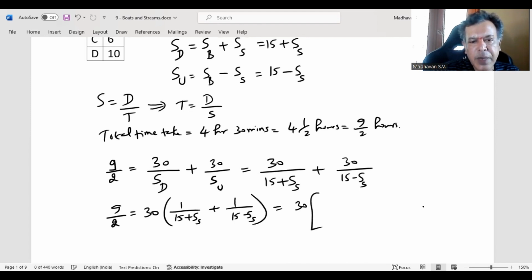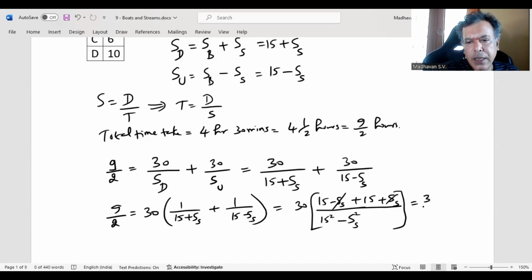In the denominator, this is like A plus B into A minus B, which becomes A square minus B square. The numerator is 15 minus SS plus 15 plus SS, where minus and plus get cancelled. We get 30 into 30 divided by 15 square, which is 225, minus speed of the stream square.